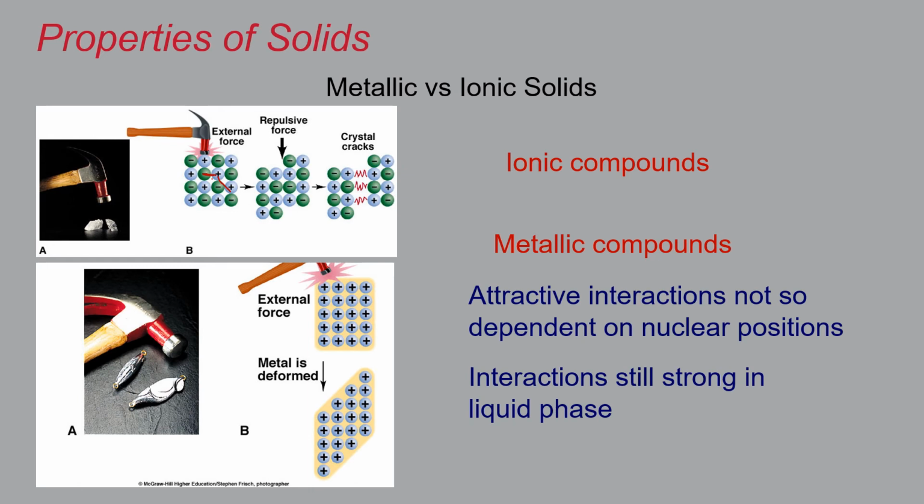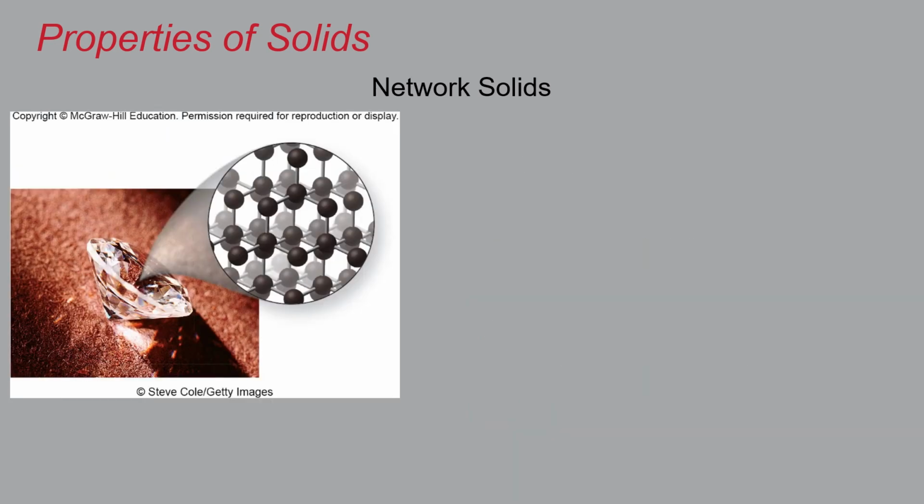And again, this interaction even exists in the liquid phase as well, which is not the case for some of the other ones. All right, so that's number 3. Which is why, as I said before, the metallic elements or the metallic solids have a pretty large liquid phase.